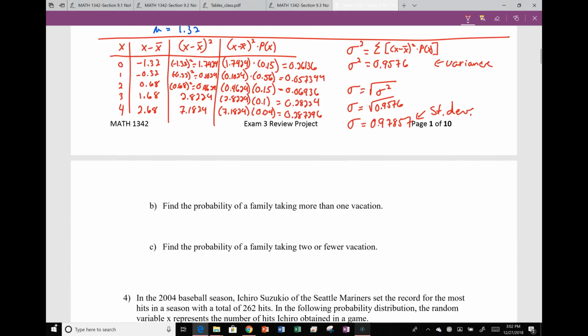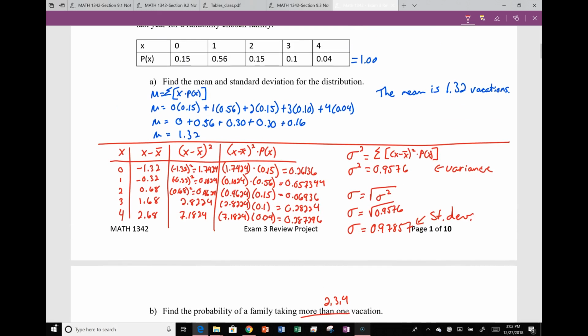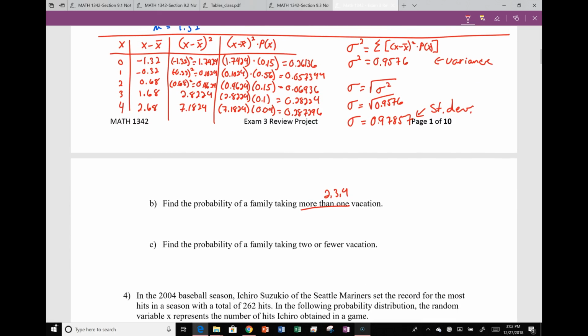Let's go ahead and look at parts B and C. Find the probability of a family taking more than one vacation. More than one indicates 2, 3, or 4. So if we look at this chart, 2, 3, or 4, we're going to add those values up.